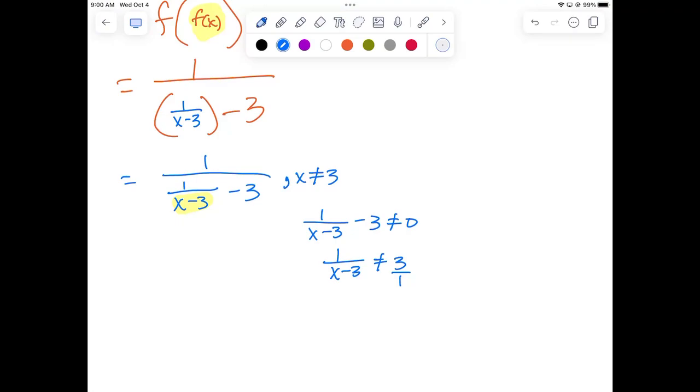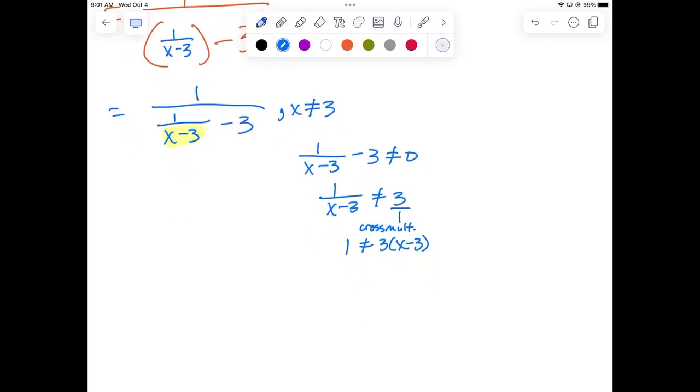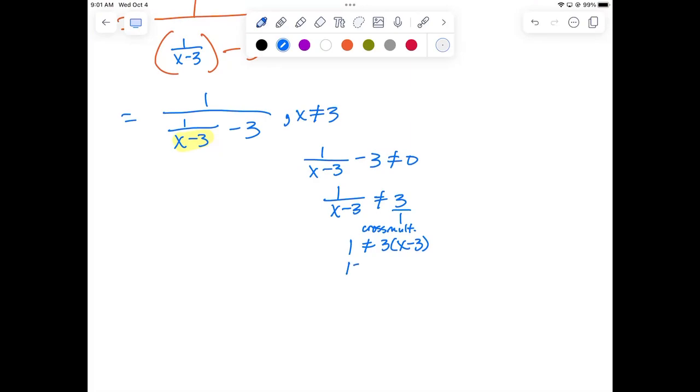So you get 1 over 1 times 1 is 1, shall not equal 3 times the quantity X minus 3. That's cross multiply. Remember, a non-equation like this is equivalent to an equation. And now if I just distribute, I get 1 cannot equal 3x minus 9. Add 9 to both sides, and I get 10 cannot equal 3x. And I solve for x, and I get x cannot equal 10 thirds.